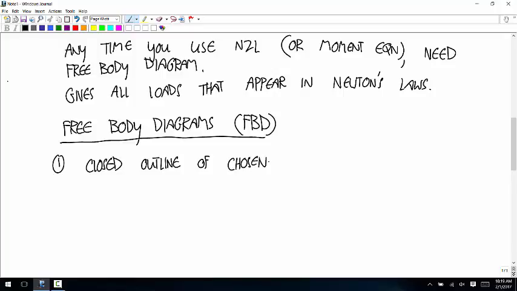The reason it's important to draw a closed outline as opposed to a stick figure or something is you're trying to be very clear to yourself and whoever's looking at it what forces are external and what forces are internal. So if your isolated object is a person, it should be something like that, not that.